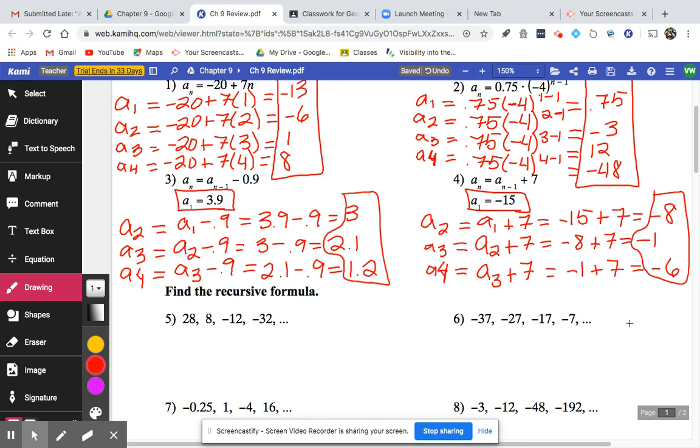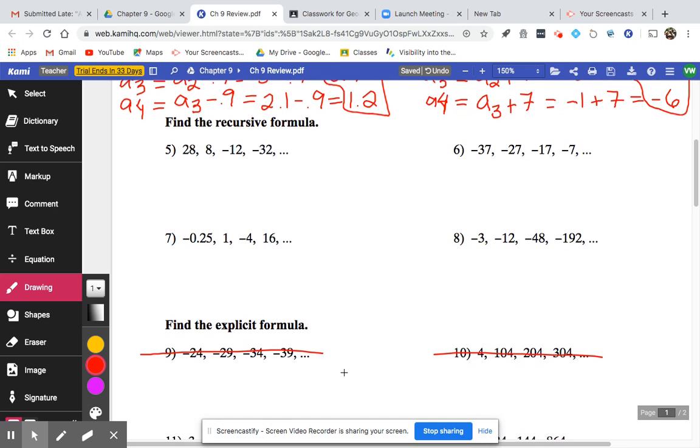Number 5, 6, 7, 8. We want to find the recursive formula for each one. So let's look at number 5, shall we? I noticed to get from 28 to 8, I have to subtract 20. So I subtract 20. To get from 8 to negative 12, I again subtract 20.